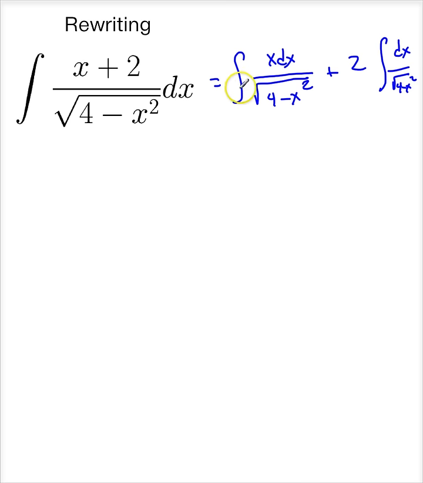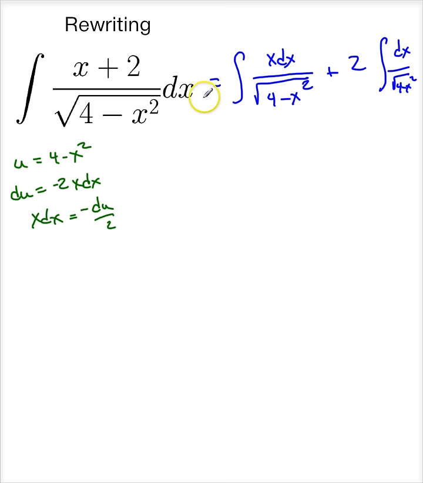Now I have two separate integrals, and I'm going to do them in two different colors. For the first one, this is of the form of a nice u substitution. If I let u equal 4 minus x squared, du is minus 2x dx. So x dx is minus du over 2.